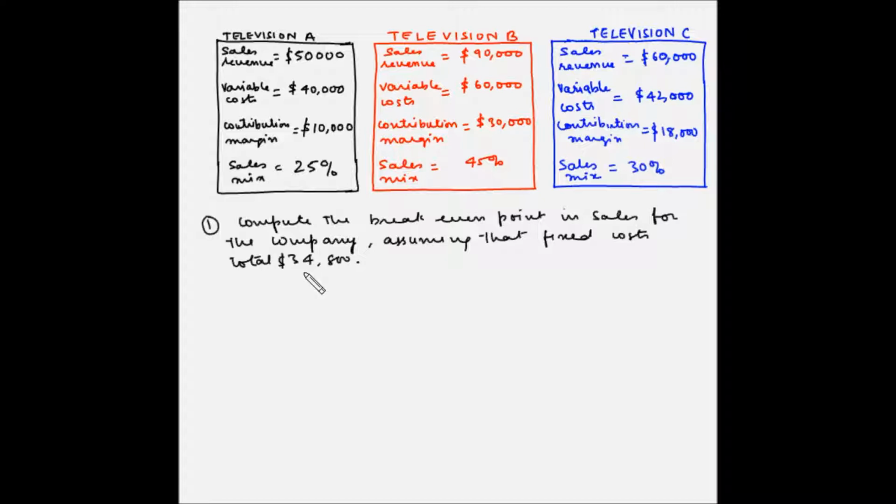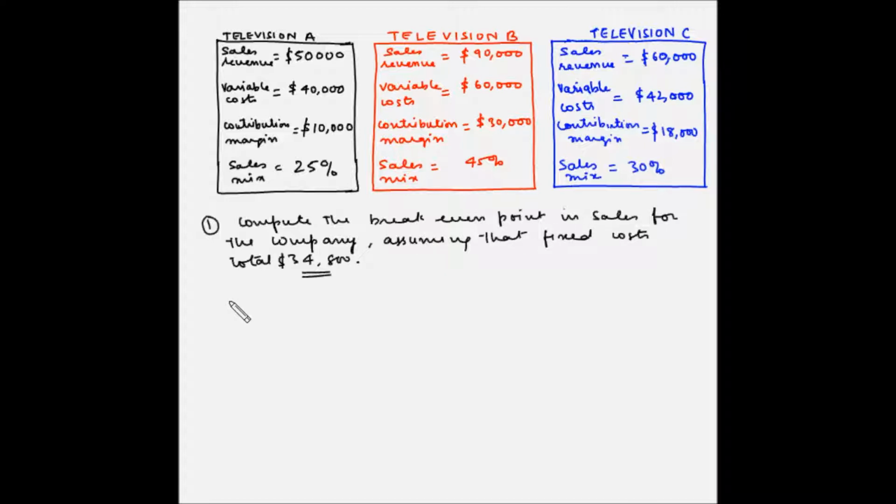So this fixed cost is the fixed cost for the entire facility which is being used to manufacture television A, B, and C. And we want to find out the break-even point in the total sales.